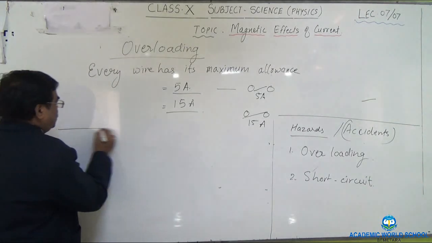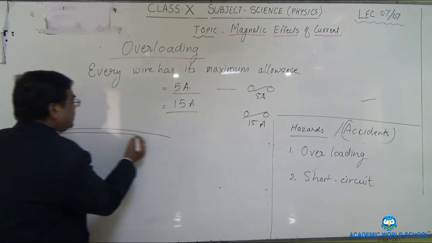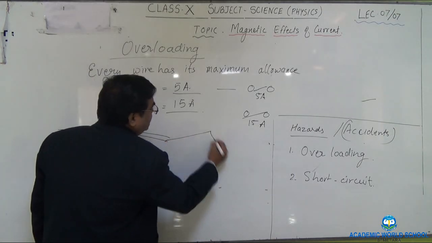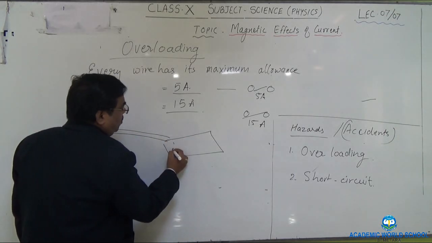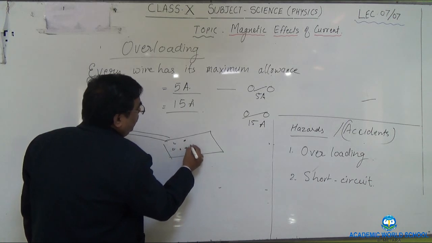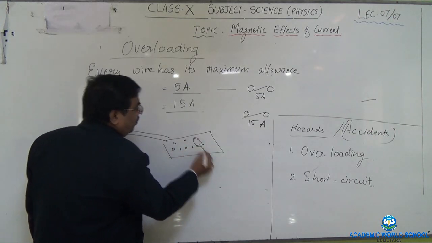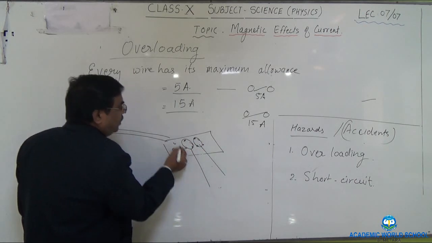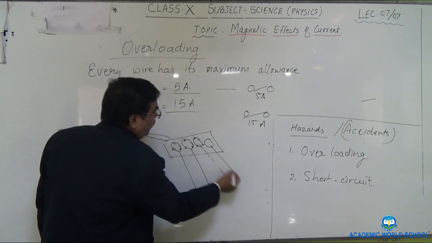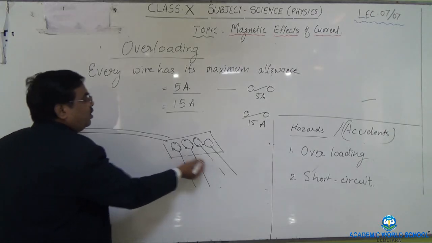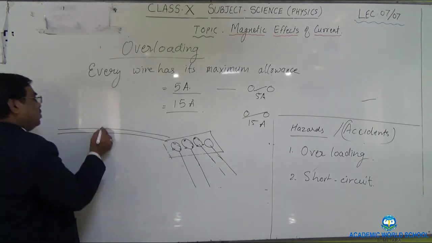If you have two wires like this, and a socket where you are connecting so many appliances, all of them will draw current from here only.